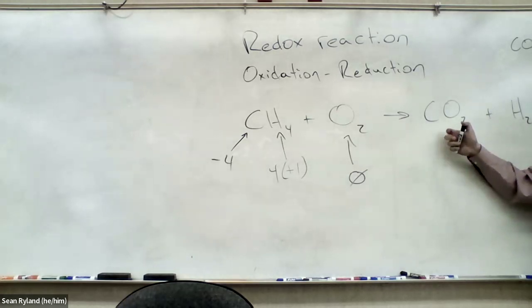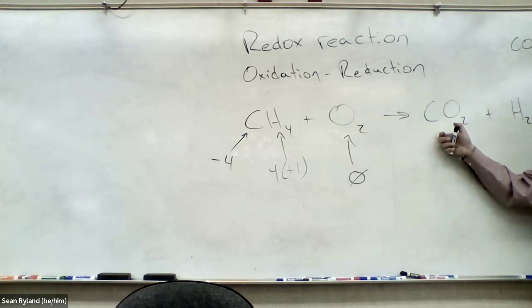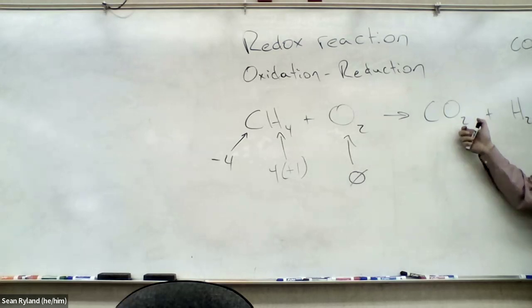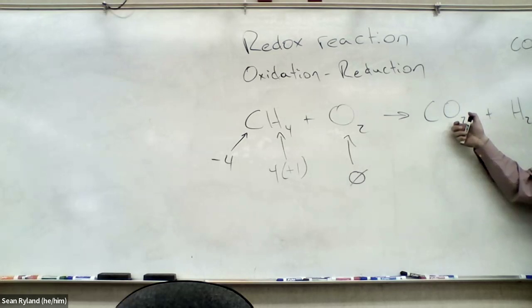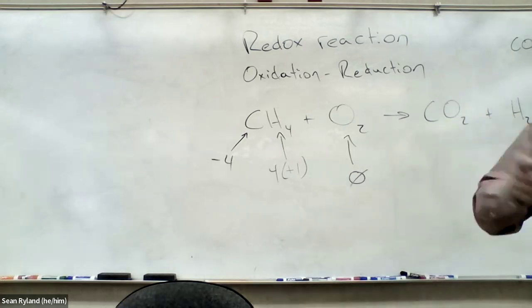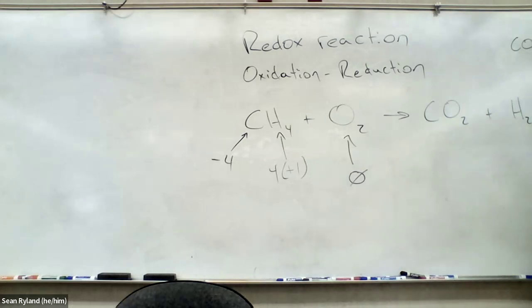What about on this side? What happened to the carbon? Carbon's not with hydrogen anymore, right? It's with the oxygen. And which of those is more electronegative? Oxygen's more electronegative now, so the oxygen wants to gain electrons. Each oxygen needs to gain 2, like we just talked about.